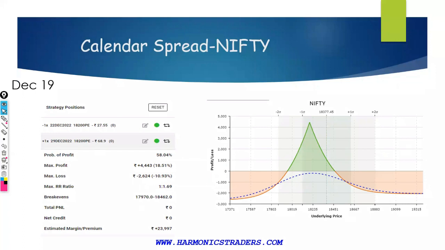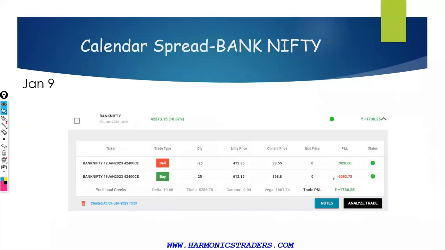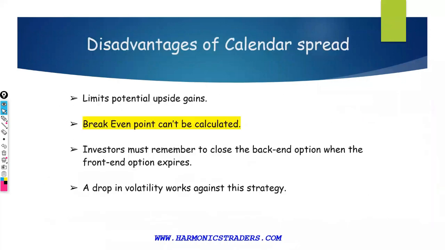We'll deploy the spread, and we'll see what the changes and results are. This is how the calendar break-even diagram comes. It should be within a particular range so that we'll be in profit. Break-even always comes in a range. As long as it is within this particular range, we'll be in profit. And this gave a 2,000 rupee profit. So these are some examples.